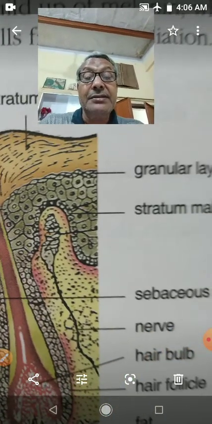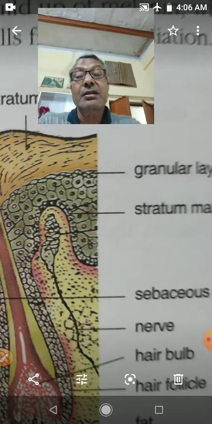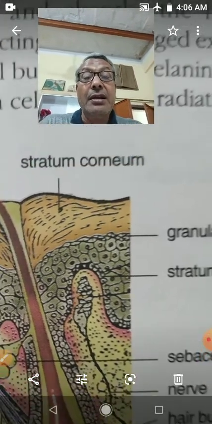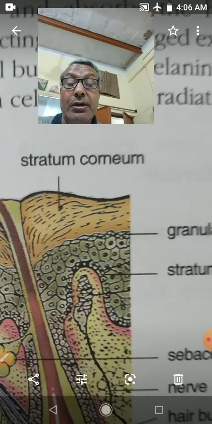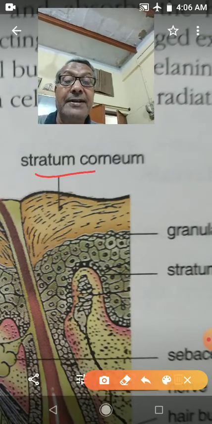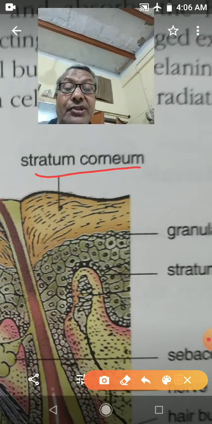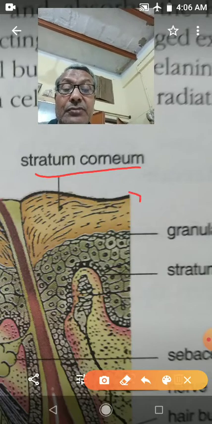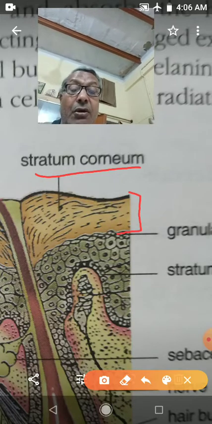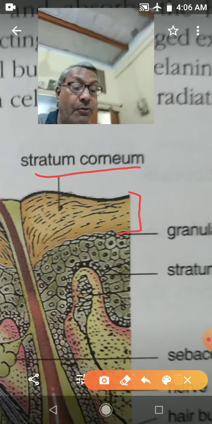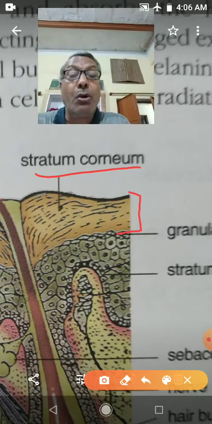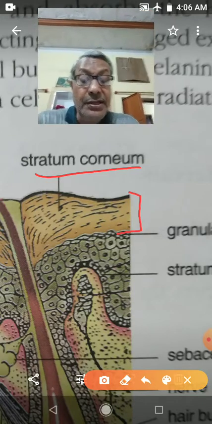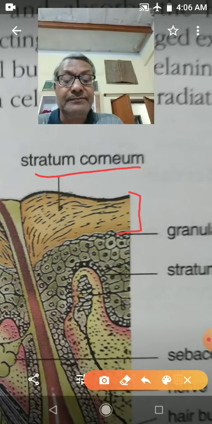So there are three layers. First is the stratum corneum. This is the first layer, the stratum corneum or the cornified layer. It is the outermost layer.